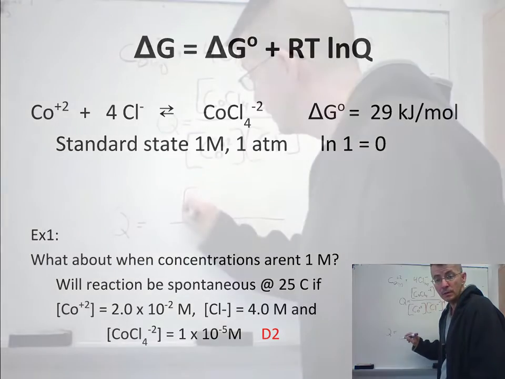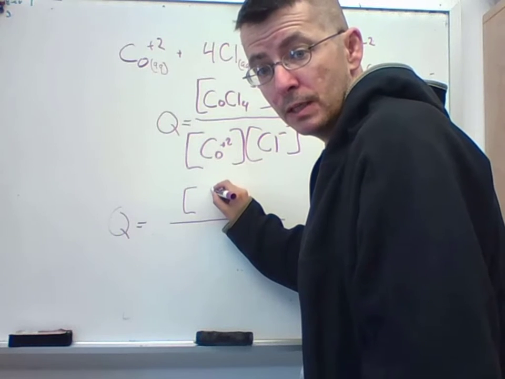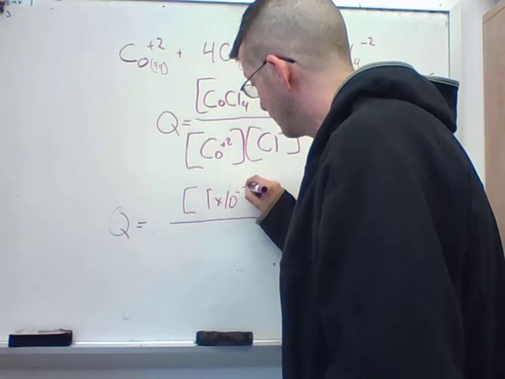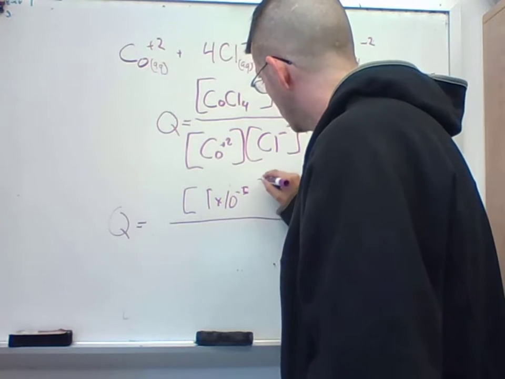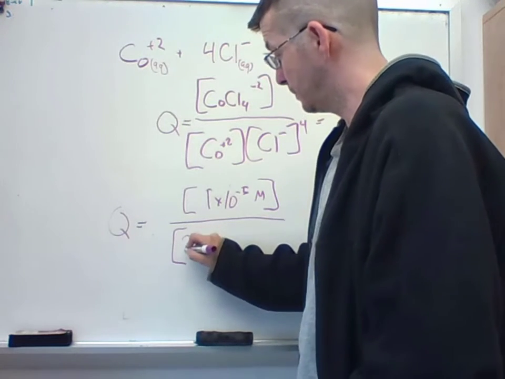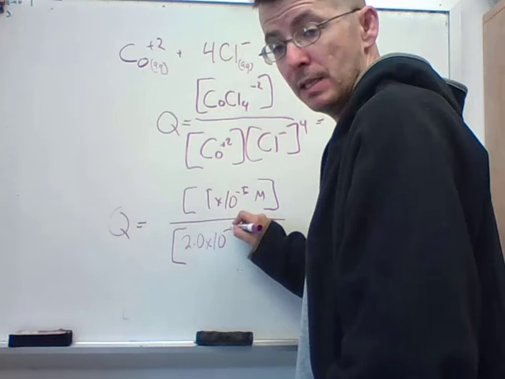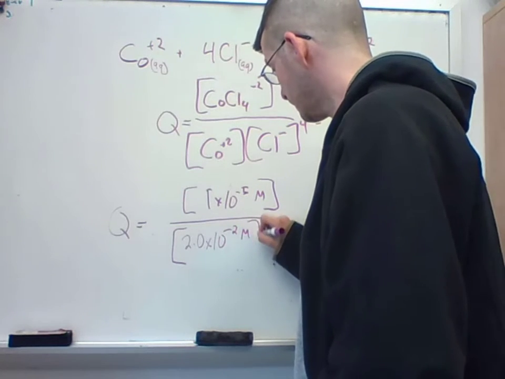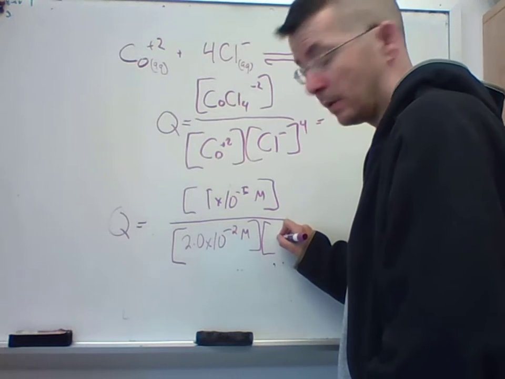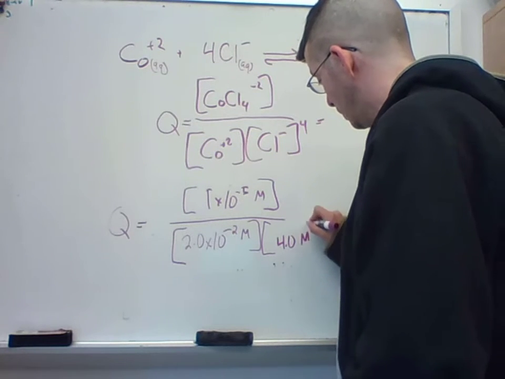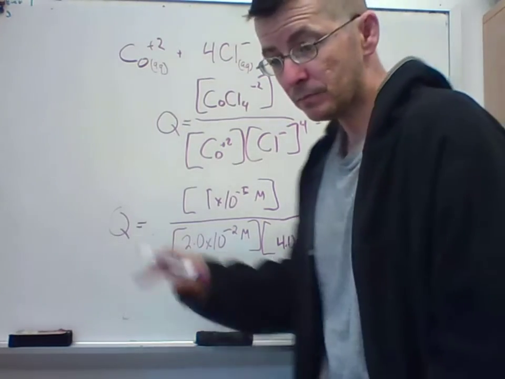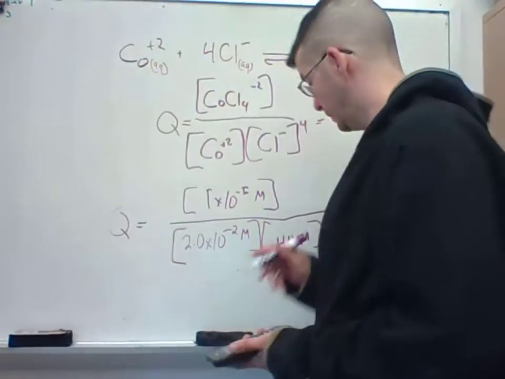Q will equal the concentration of the cobalt tetrachloride, which is 1 times 10 to the minus 5th molar, over the concentration of the cobalt 2+, 2.0 times 10 to the minus 2 molar, times the chloride, which is 4.0 molar to the 4th power, to give us a value for Q.